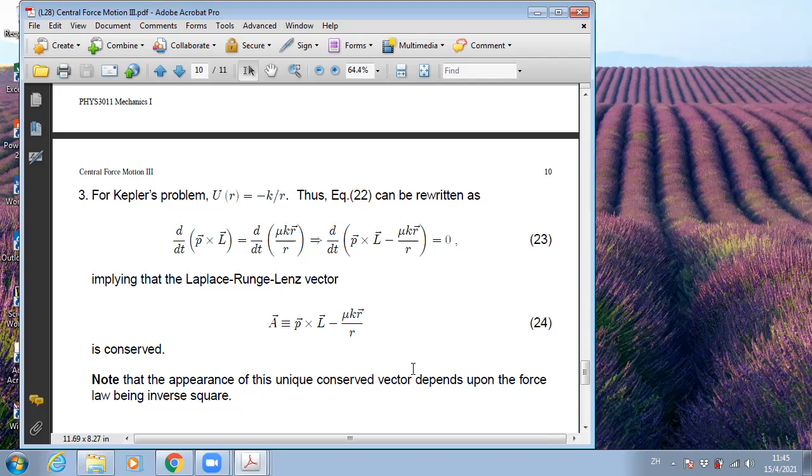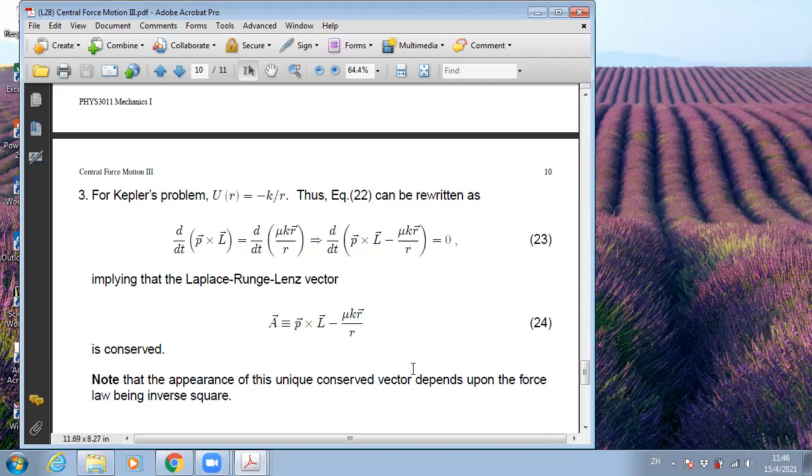This additional constant of motion is unique to the inverse square law. And interestingly, the inverse square law plays a very important part in classical physics, right? Gravitational force, electrostatic force, they are all inverse square law.